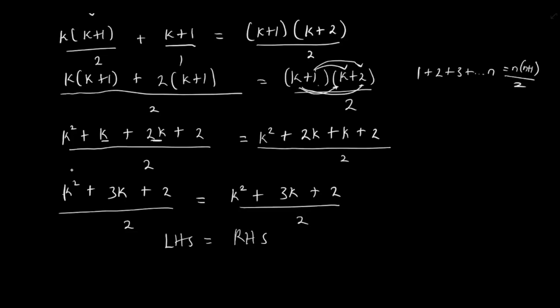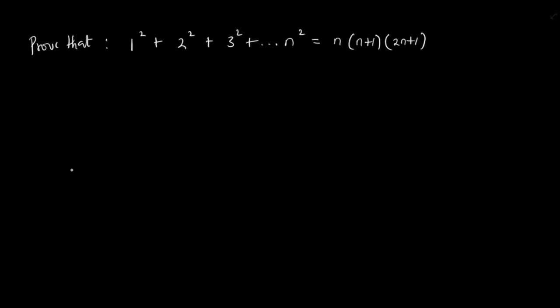So we are going to take another example. Another example says, prove that 1 squared plus 2 squared plus 3 squared plus all the way to n squared equals n(n+1)(2n+1) over 6.